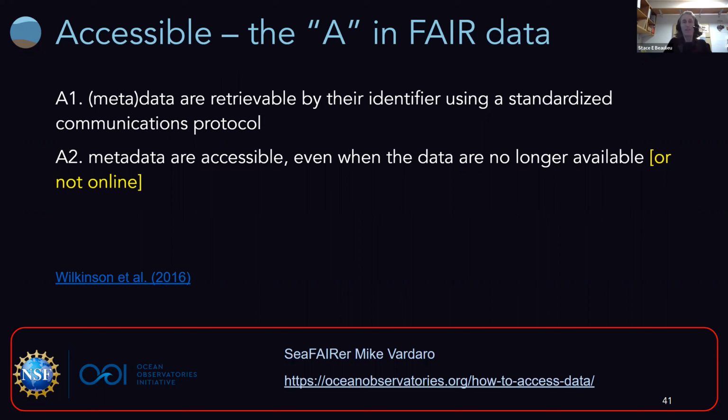The cool thing about this link that I'm providing for how to access data is that this program, which you can ask seafarer Mike Vardaro about, has many ways to access data from their holdings as a human, also as a machine. They have a machine-to-machine interface and other application programming interfaces to access their data.